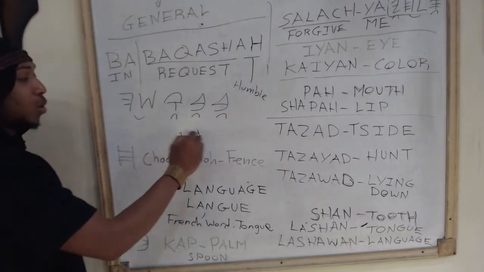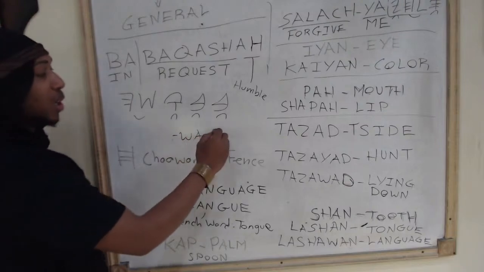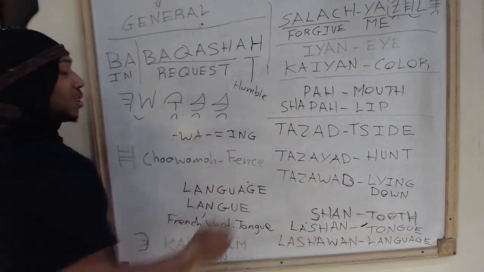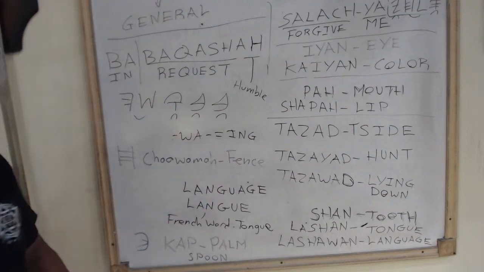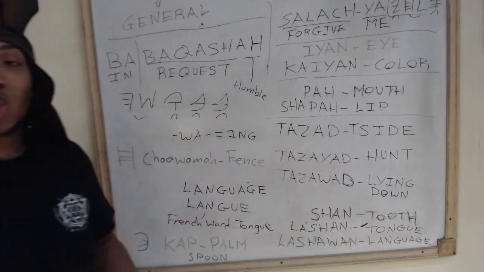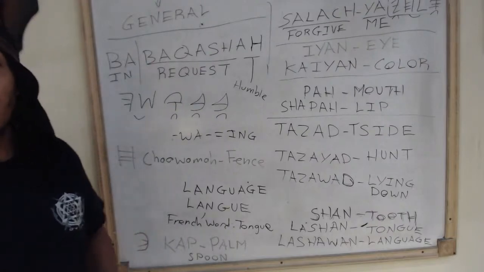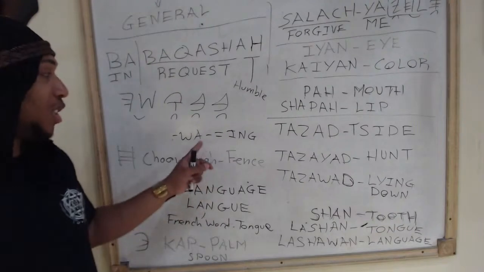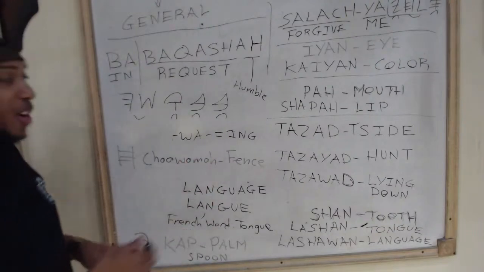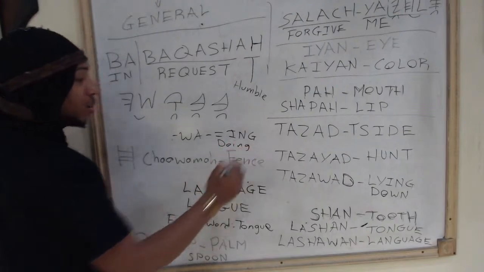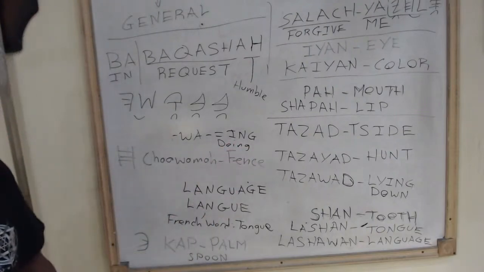Wa equals, in the middle, only in the middle, equals ing. So if you put a shawan in there, that would be like saying whatever your teeth is doing. I'm not sure what your teeth could be doing.